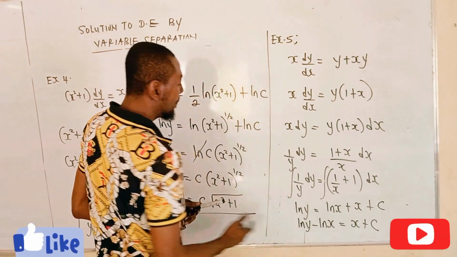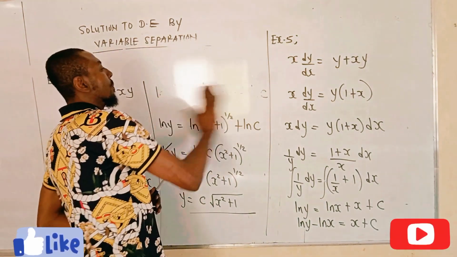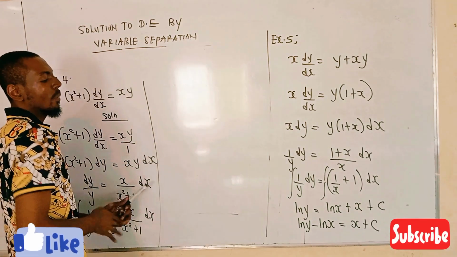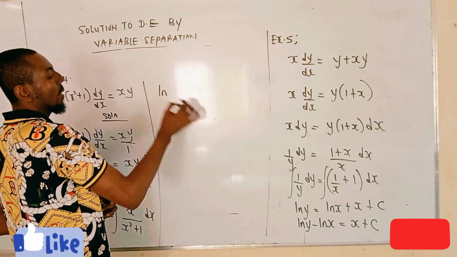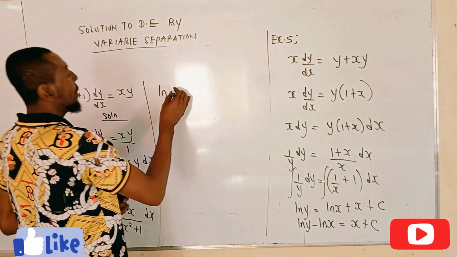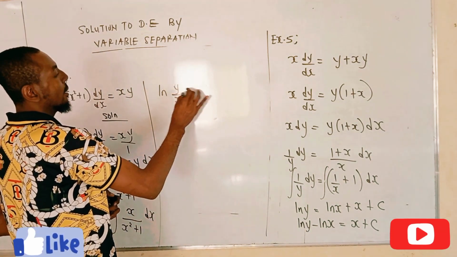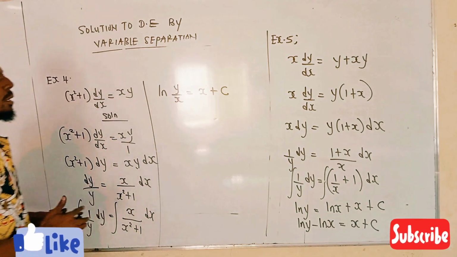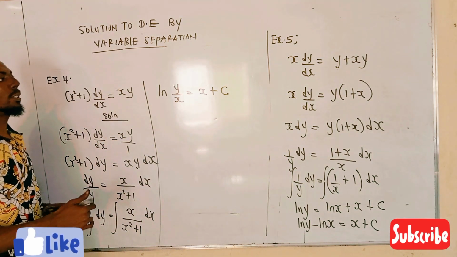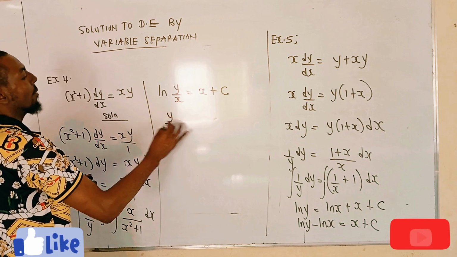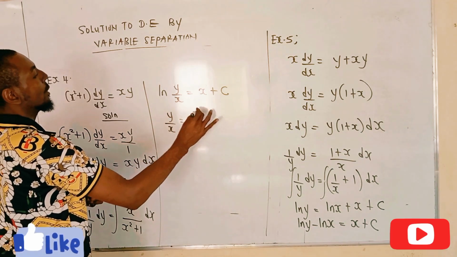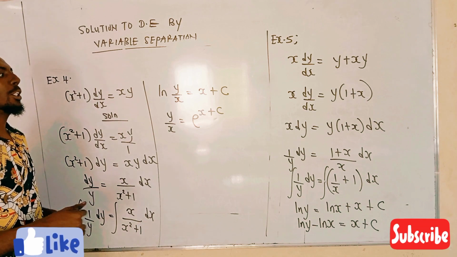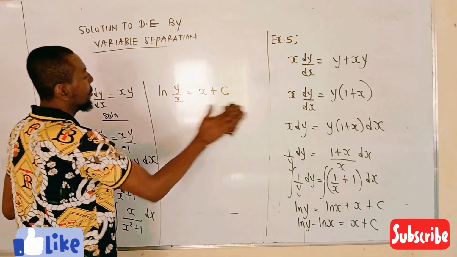So now watch here. Because minus is division, we can have ln(y/x) = x + c.